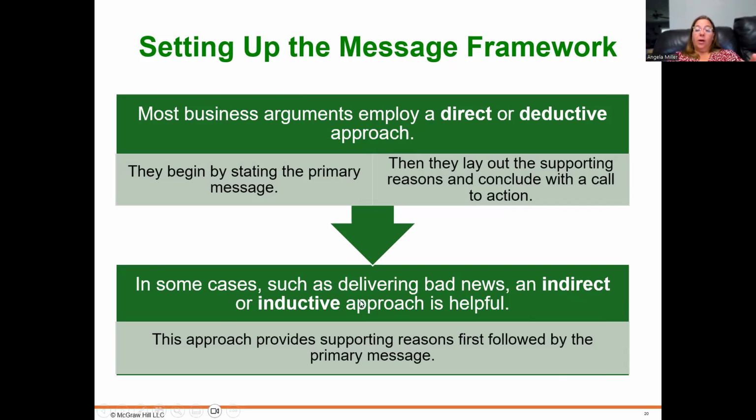In some cases, however, and a very good example of this is a bad news message, you will typically deliver things like bad news as an indirect or inductive approach. And this is what that means. Basically, you are going to start with your reasoning, supporting evidence first, followed by the bad news or the primary message.